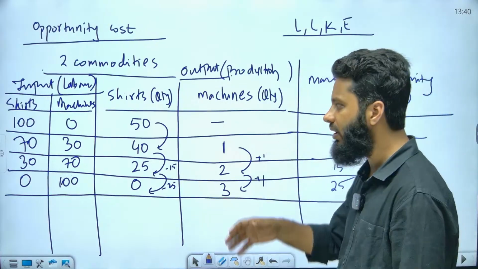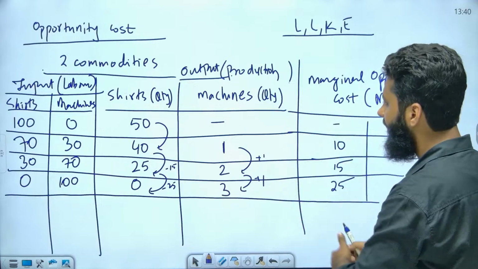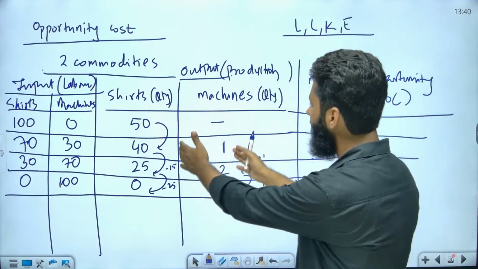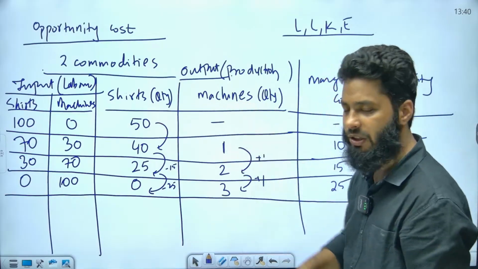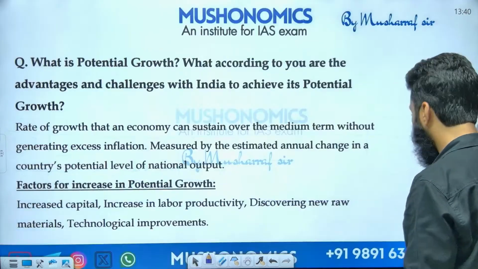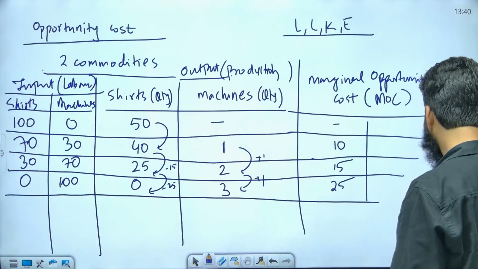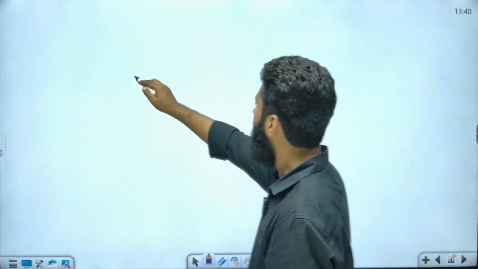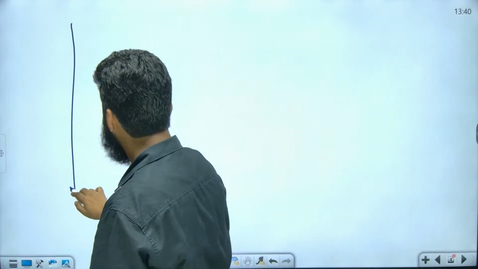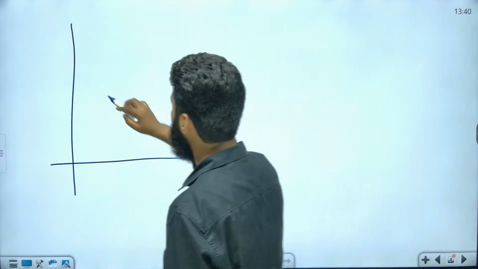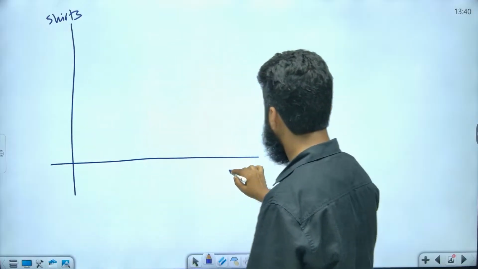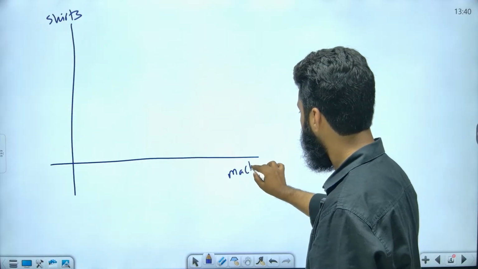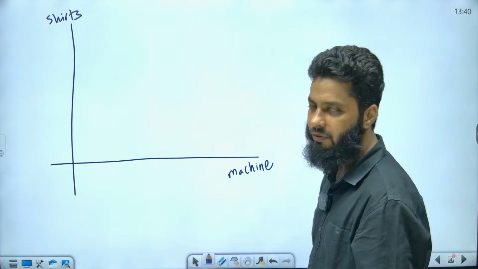Now we can plot a graph of it, with the number of shirts and the number of machines. We take a graph of two commodities: one representing shirts and the other representing machines.